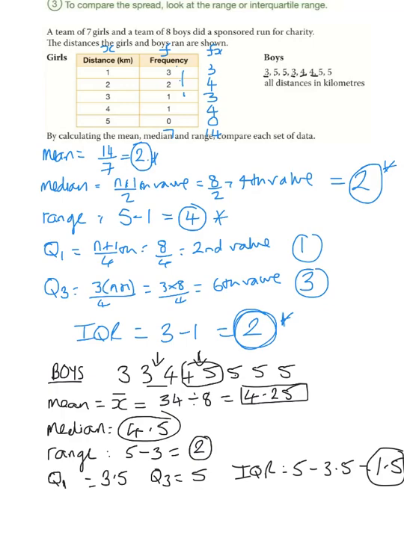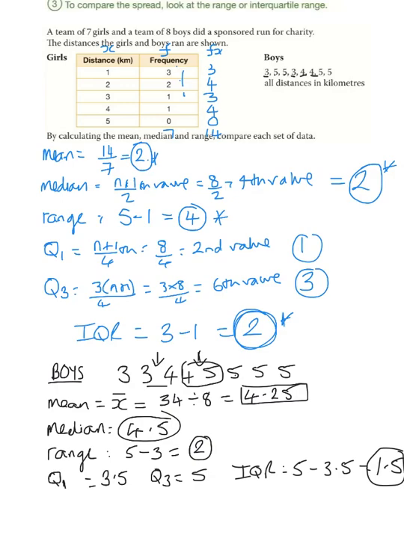So looking at the mean, we have a mean there for the boys of 4.25 and the mean for the girls is 2. So the boys ran further on average. And if we compare the medians as well, we can see here the interquartile ranges are 1.5 for the boys and 2 for the girls.